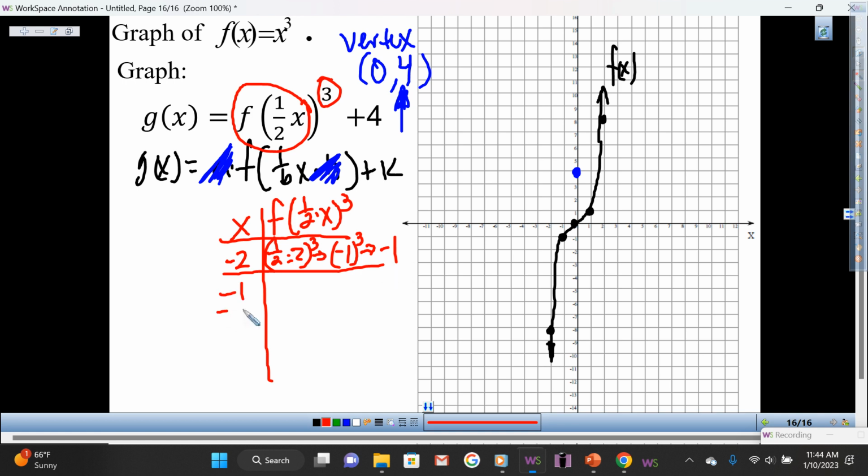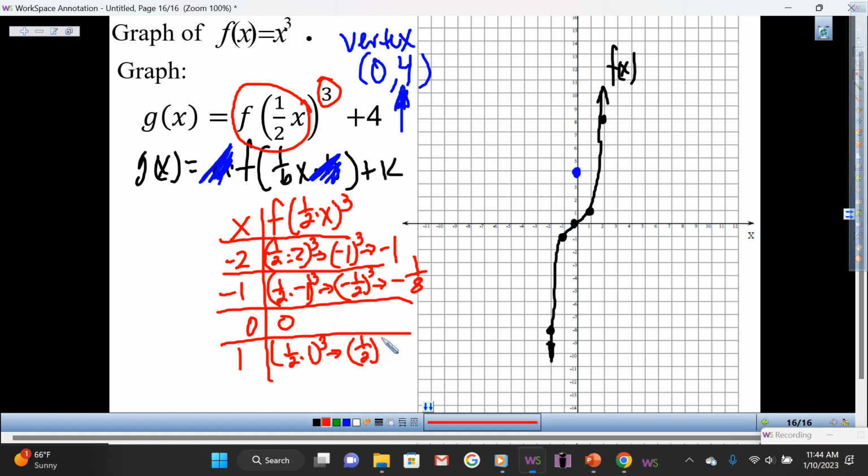Next, negative 1. 1/2 times negative 1, cubed, is negative 1/2 cubed, which is negative 1/8. 0, 0. 1 is 1/2 times 1, cubed, which is 1/2 cubed, which is 1/8. And last but not least, 1/2 times 2, cubed, which is 1 cubed, which is 1.